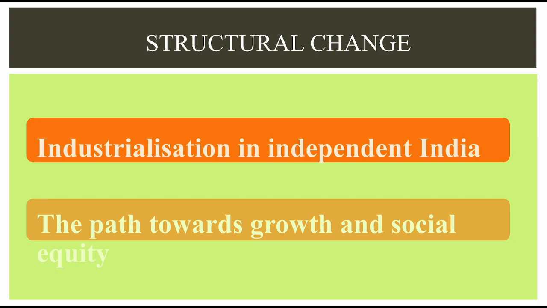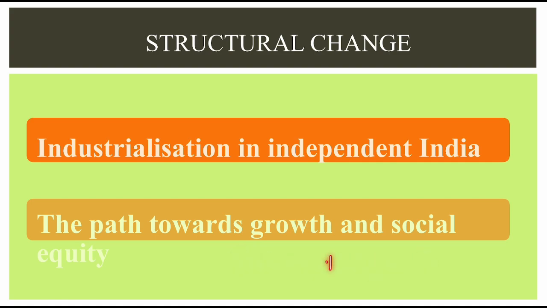So, post independence, the issue in the forefront for the nationalists was the question of handling the centuries of economic exploitation that was suffered by India. And they were looking for a solution. And what was the solution?